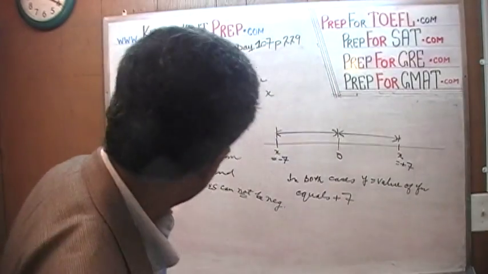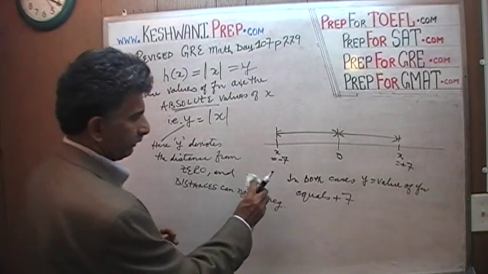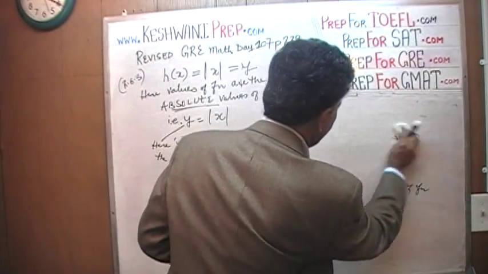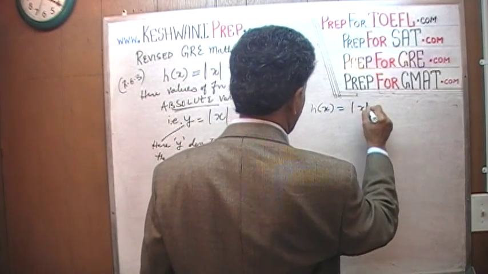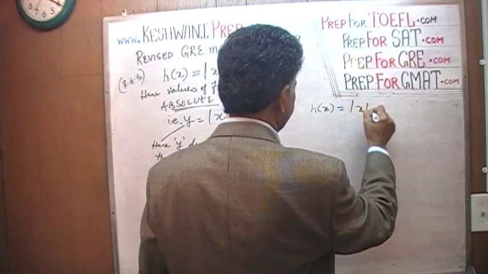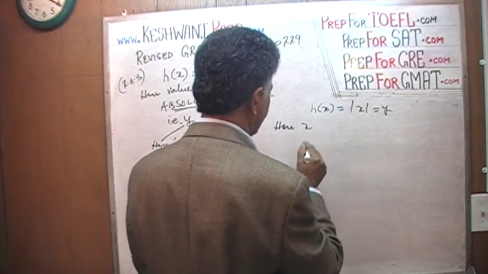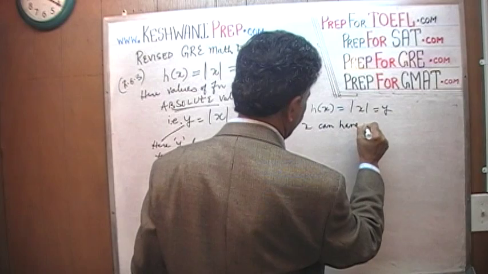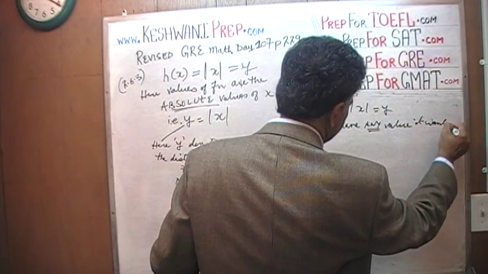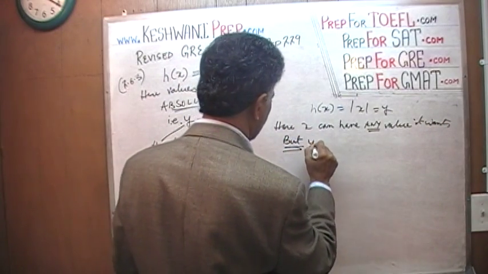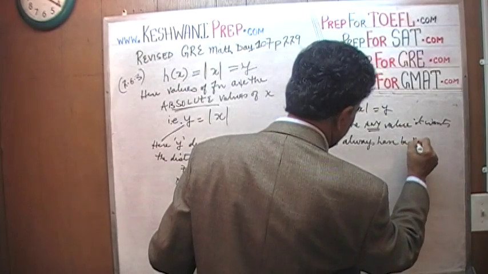Here, x can have any value it wants, but y will always have to be positive.